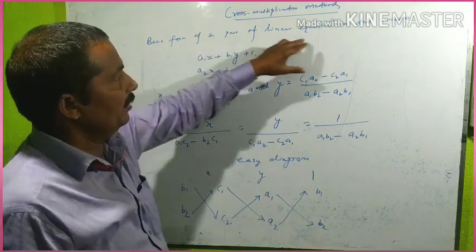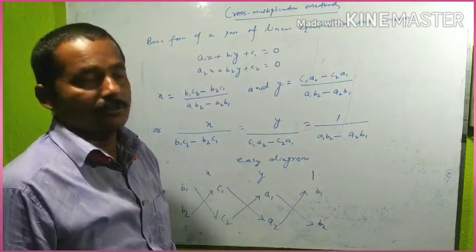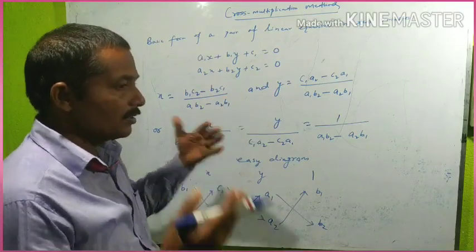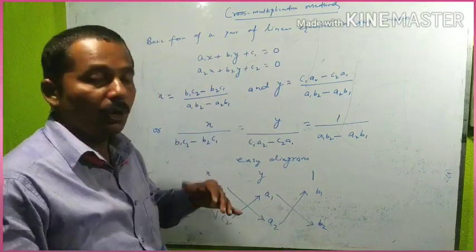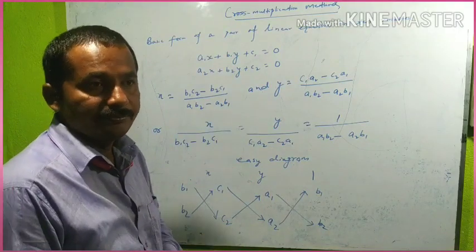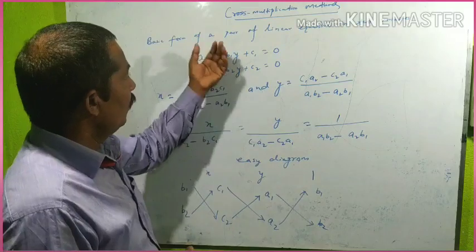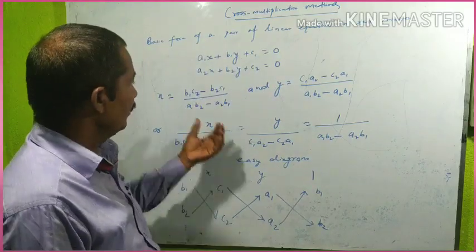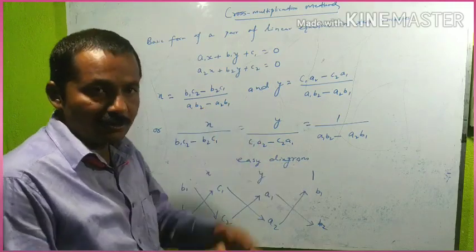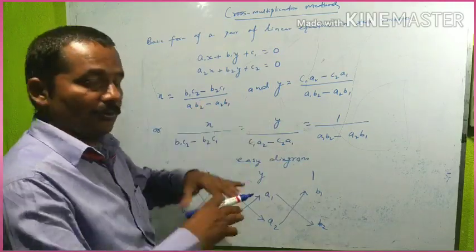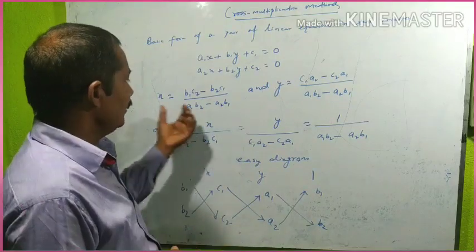And the question is, how to find the value of x and y for a pair of linear equations in two variables. I have not solved it fully here, I have gone only to the results now.